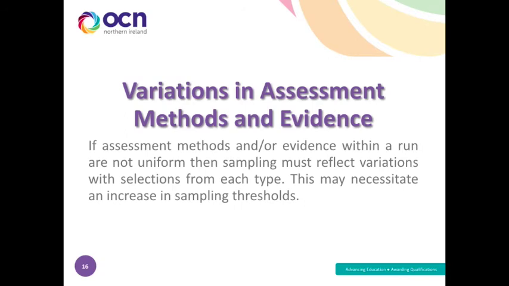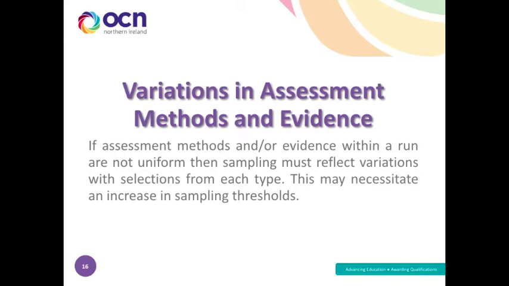In terms of the structural considerations for your sampling strategy, first of all, we'll want to look at the variation in assessment methods and evidence. Now, if your assessment methods and evidence within a run are not uniform, in other words, there may be various methods of assessment taking place within a run, or a variety of different evidences being produced by learners, then sampling must reflect the range of variation within that.